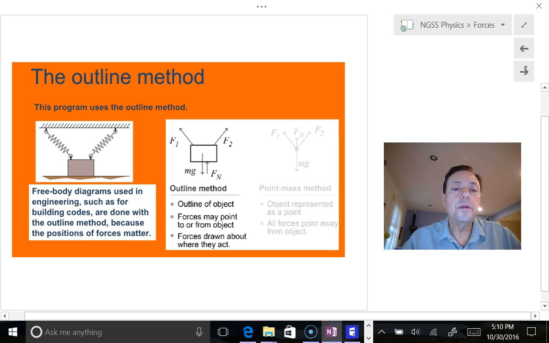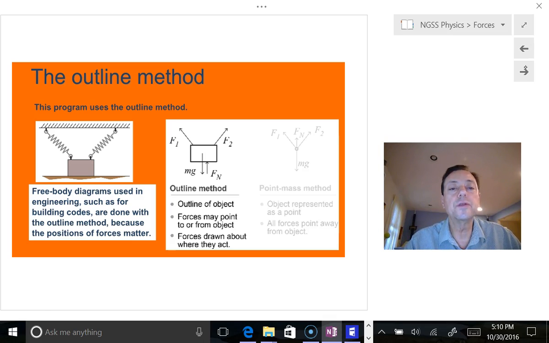The outline method. Free body diagrams used in engineering, such as for building codes, were done with the outline method because the positions of the forces matter. You may want to know a little something about what the position of the forces are.